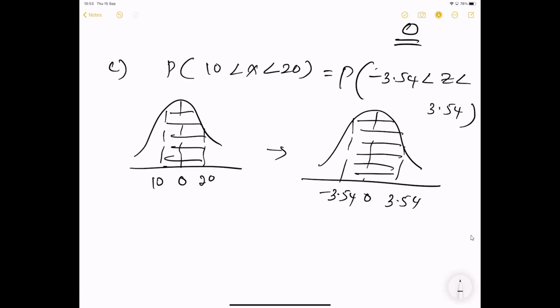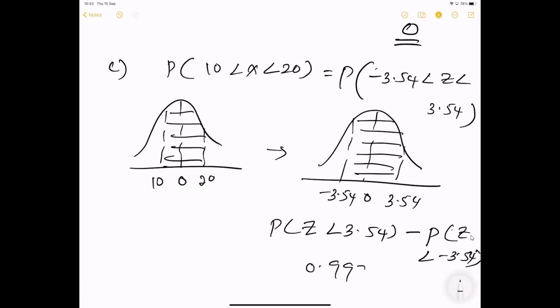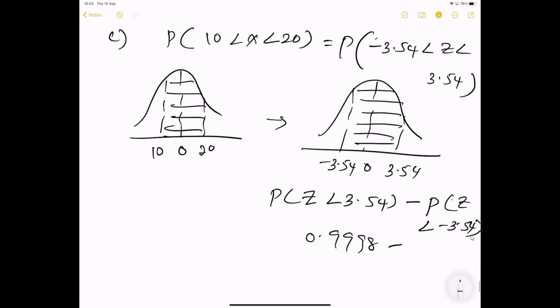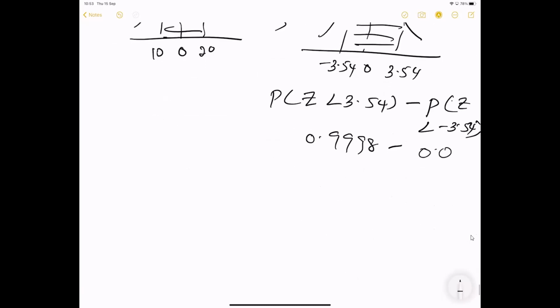As we discussed earlier, we can find it by simplifying this equation, which is very easy. So this value, initially we found, is 1 minus 0.0002, which is 0.9996.